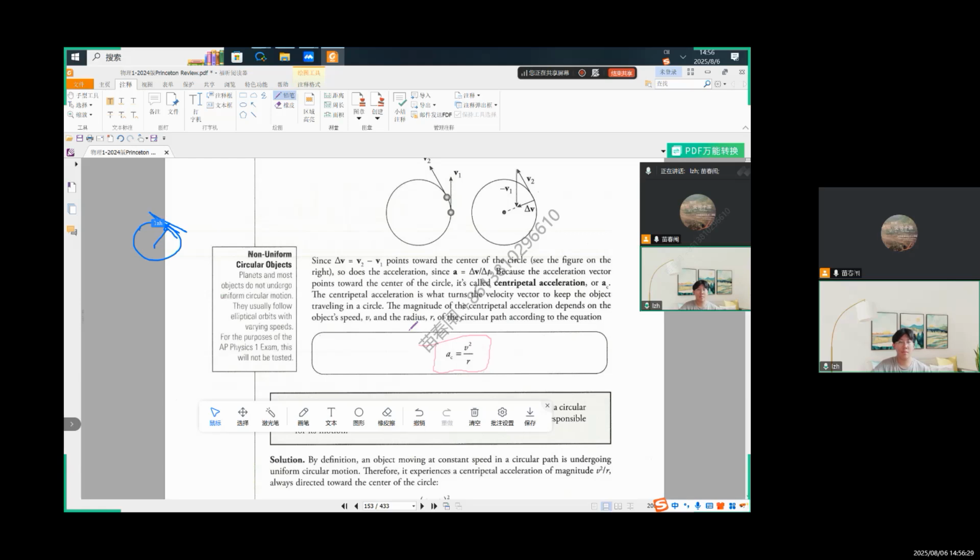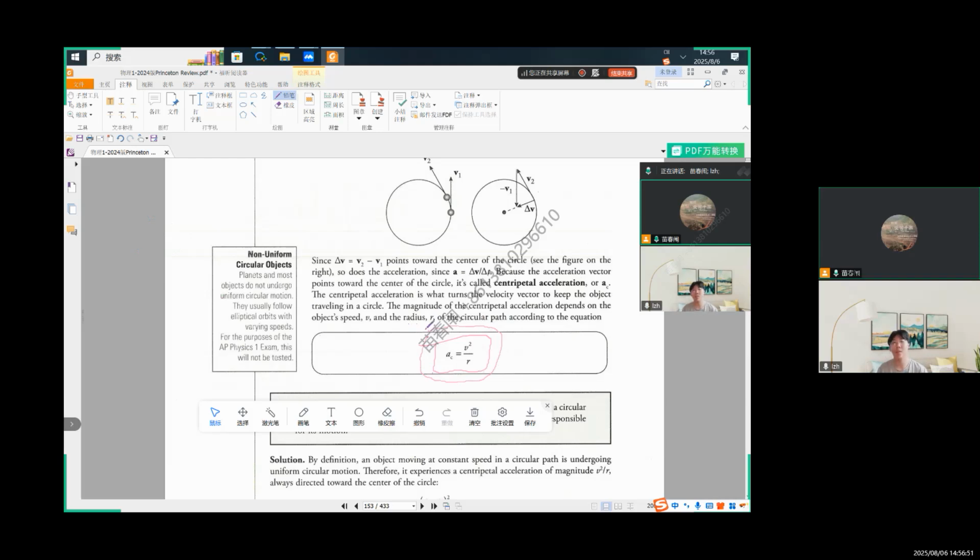There's a force that's tangent to the circle. Yeah, the tangent line is the direction of the velocity. So you remember this somehow, you learned it before, right? Yeah. Acceleration is v squared over r.